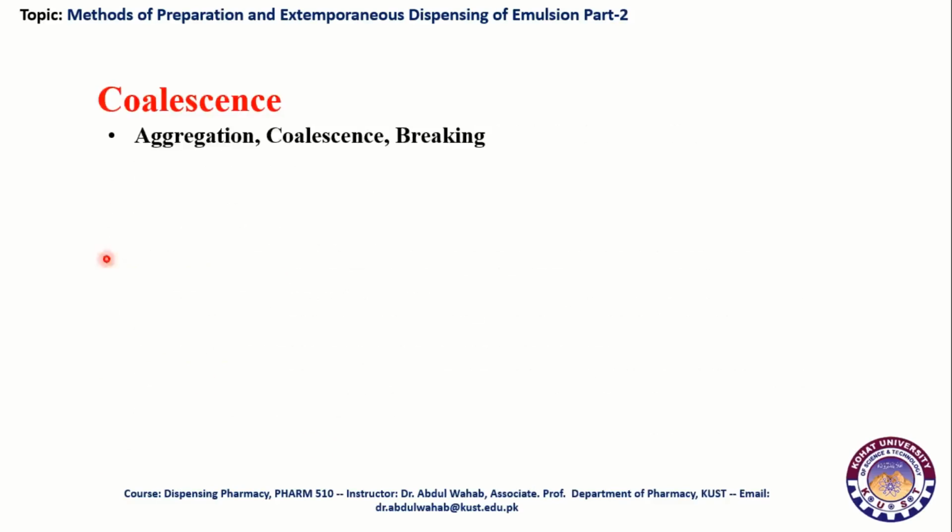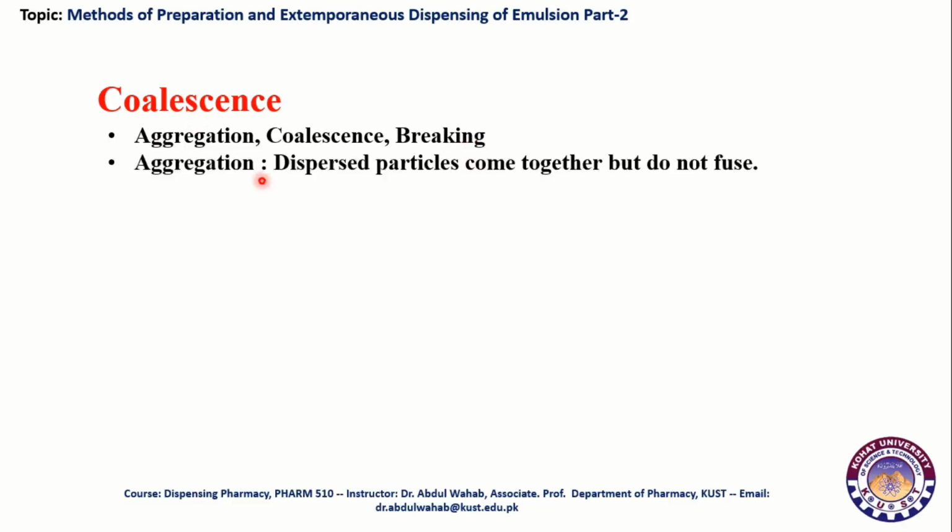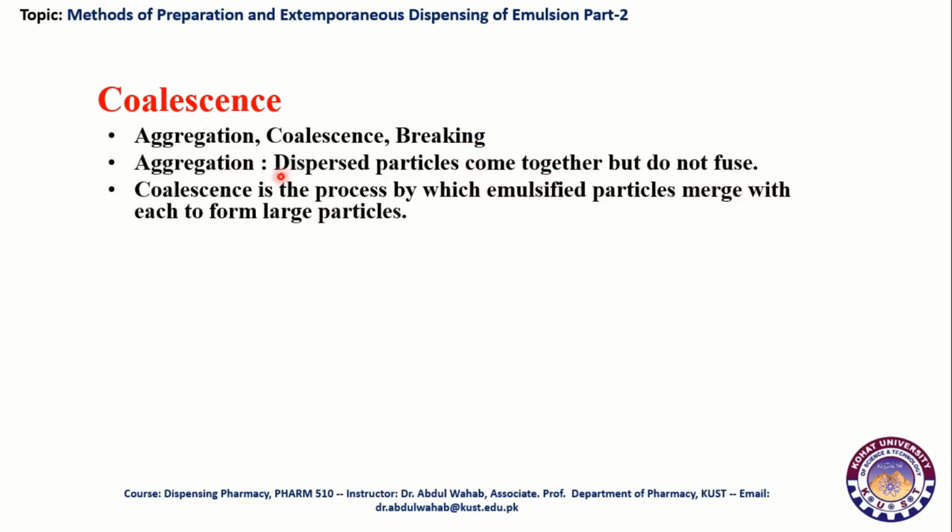Coalescence, aggregation, breaking. In aggregation, the dispersed particles come together but there is no fusion. Coalescence is the process by which emulsified particles merge with each other to form larger particles.